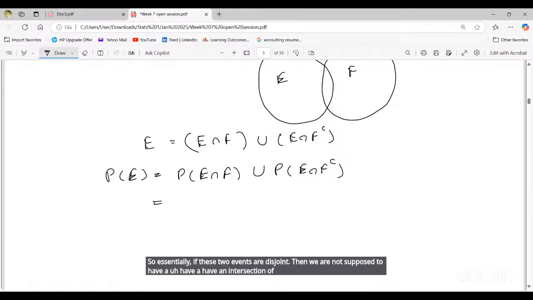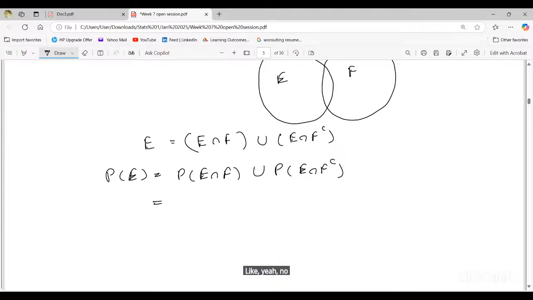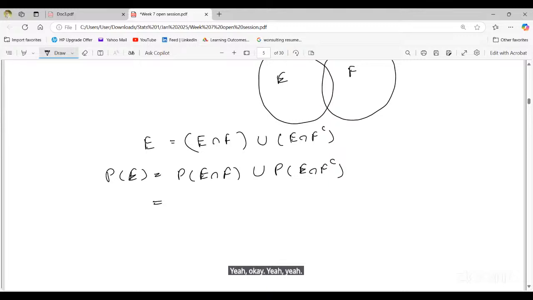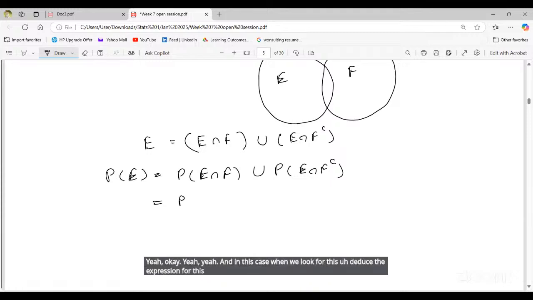If E and F are mutually exclusive and disjoint, my probability of E intersection F would be equal to the null set, like there is no common point or no common event occurring between them.